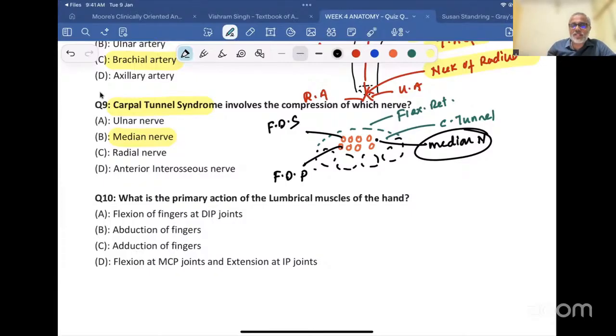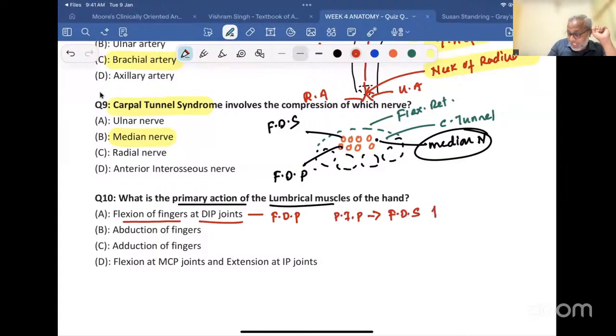The last question which was asked in this week's quiz was, what is the primary action of the lumbrical. So let's dissect each option. What about flexion of fingers at distal interphalangeal joint? At distal interphalangeal joint, it is flexor digitorum profundus. If it is proximal interphalangeal joint, it is flexor digitorum superficialis and flexor digitorum profundus.